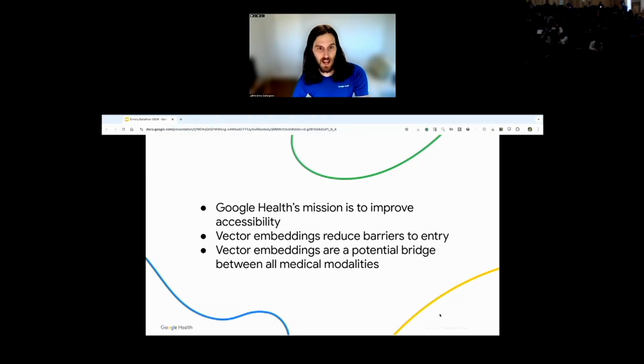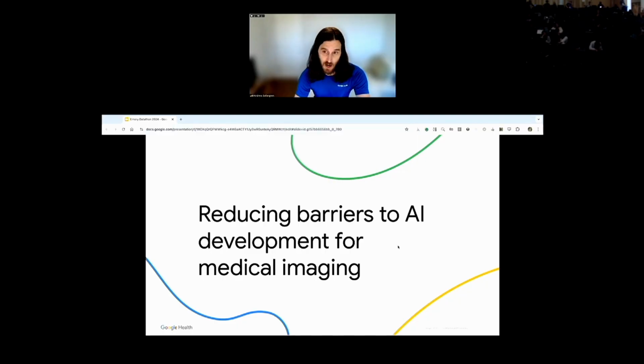So with that, let's talk first about Google's mission of reducing barriers to development here. It might seem a little strange, and you might be wondering, what is Google's place in this space? It's always a little hard to position this with all of our other, some for-profit, entities or aspects of our business.